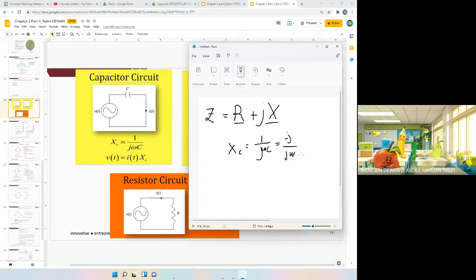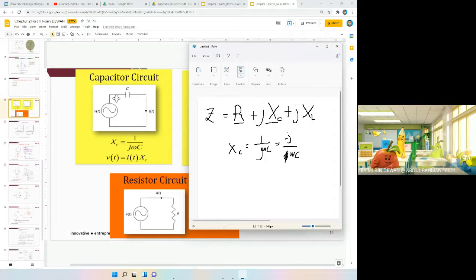So for example, this one may consist of the capacitor, and this one may consist of the reactance due to your inductance.